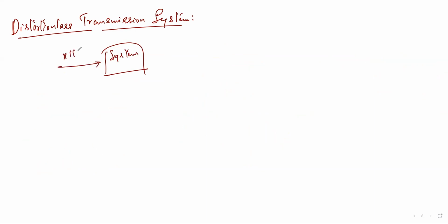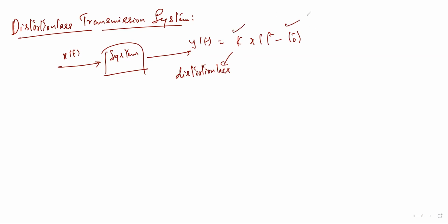If you transmit a signal x(t), you will receive some signal y(t). If it is in the form of x(t minus t naught), then we say that it is a distortionless system. It means amplitude can be scaled and time can be shifted with respect to the input signal x(t). Those two are not considered as a distortion.